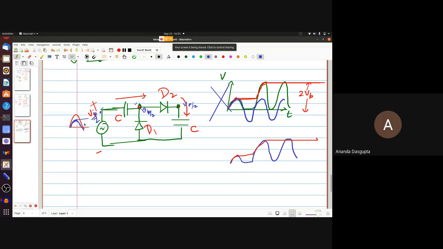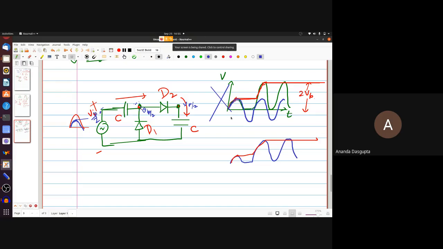Now the whole behavior is going to be much more complicated than this circuit. This simple-minded theory that we said, think of the clamper followed by a peak detector, the output will be 2 Vp. That is not wrong. That's actually right. After a lot of cycles go by, that's exactly what will happen.